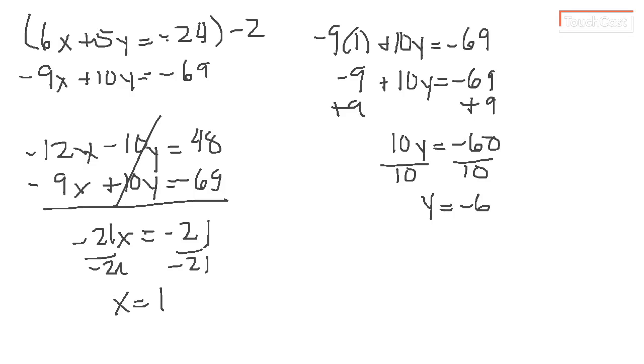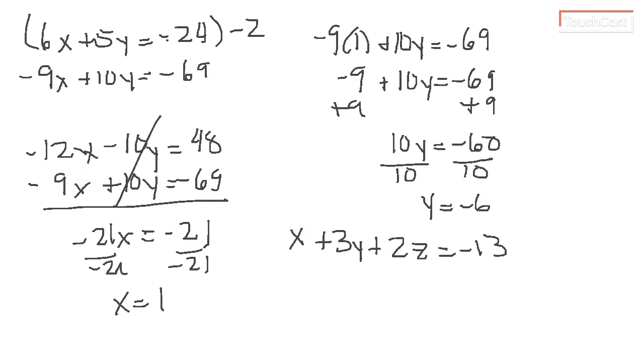So we've got an x, we've got a y. Now we're going to take one of the very original equations to figure out a z. And I'm going to just take the very first one, x plus 3y plus 2z equals negative 13, for no other reason than it's the first one. We could use the second one, we could use the third one. I just like to use the first.